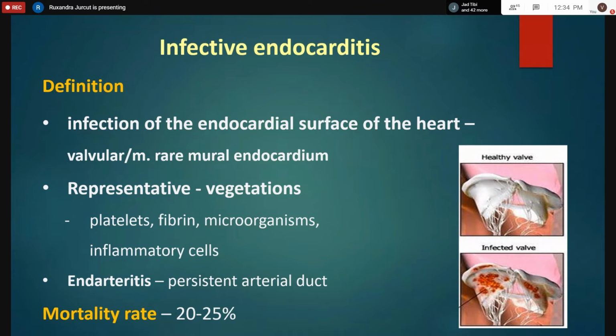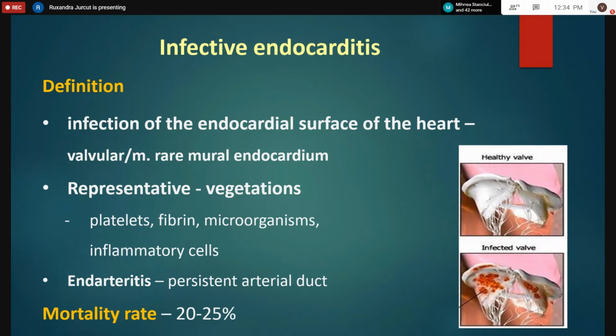So endocarditis is an inflammation, and infective endocarditis is an infection of the endocardial surface of the heart in general. The representative lesion consists of vegetations.